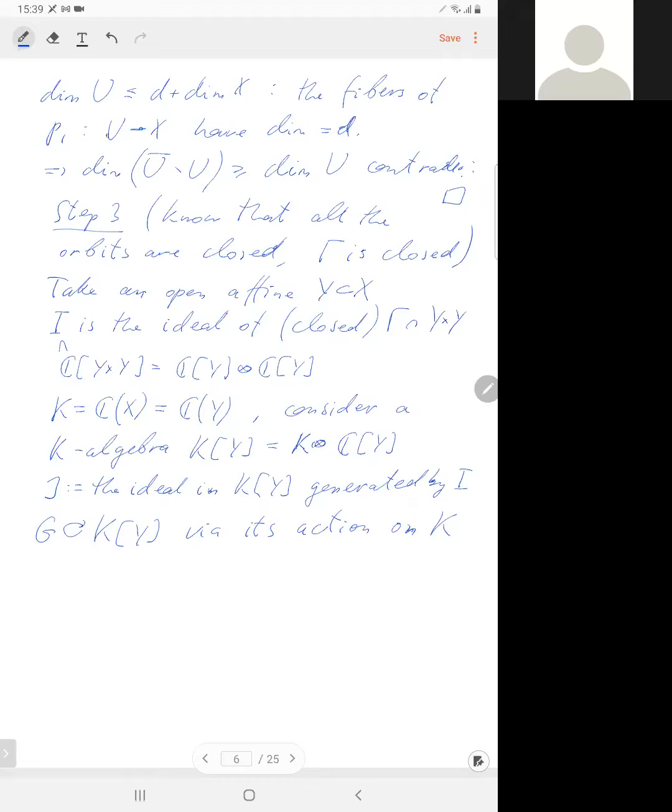Okay, as we argued, it does not act on Y, but it acts only on the field of fractions, on the rational functions of Y, and now clearly this J is G invariant.